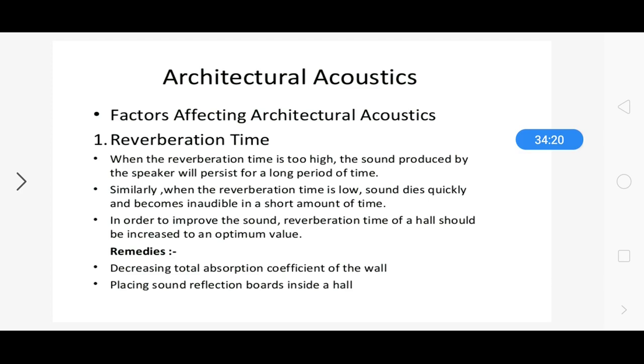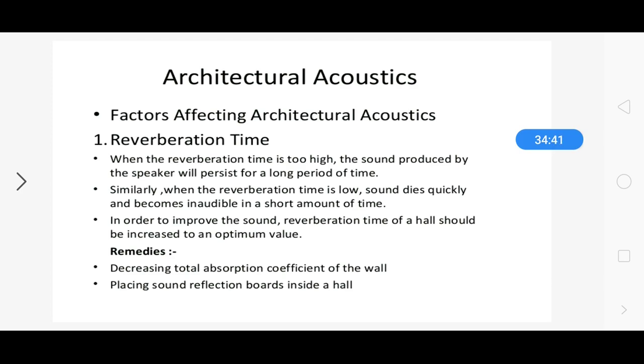If it is too large, then what happens? The sound waves will be overlapped. There is a confusion, there is a disturbance. Means there is no clarity in the sound. If the reverberation is too large, we lose clarity.